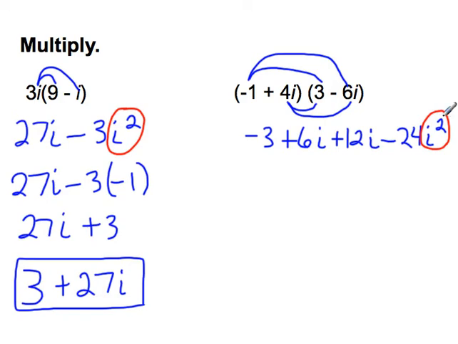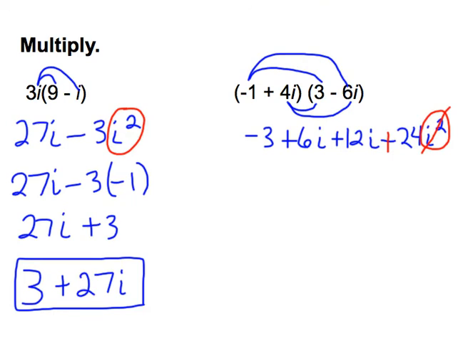Now, if you think about it, what this is really doing, if I were to put a -1 in there, it would be -24 times -1. So what I usually get into the habit of doing is I get rid of this i squared and make this number positive, or the opposite sign. So now it's a matter of combining the like terms.